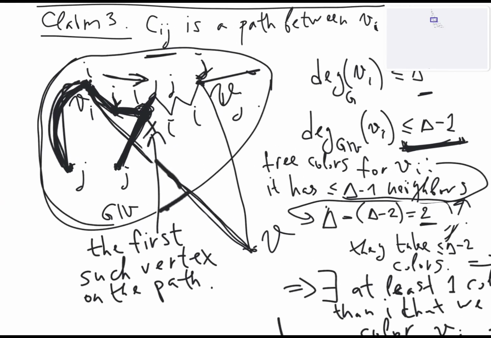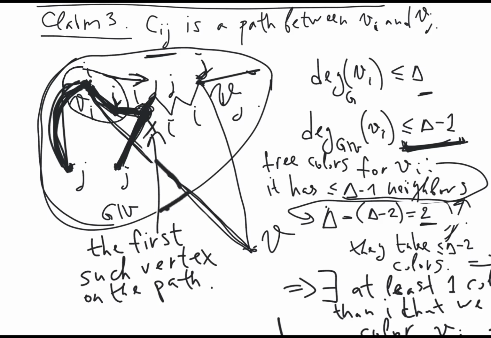Because if it was the first such vertex, then vi is no longer connected to anything else. The only vertices of color i and j it is connected to are on the beginning of the path. Connected in the sense of belonging to the same connected component, not adjacent, but connected by a path. So it's only connected to the beginning of this path. It's not connected to anything else when we recolor x.